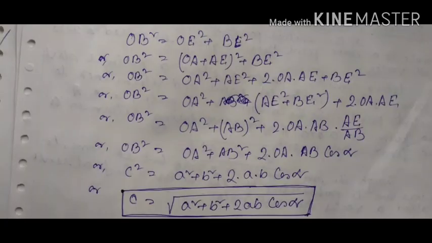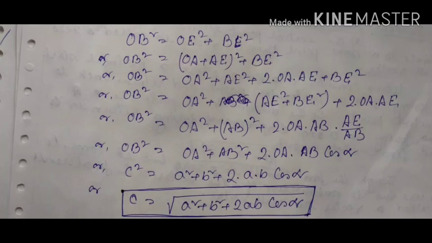OB square is equal to OA plus AE whole square plus BE square, or OB square is equal to OA square plus AE square plus 2 OA into AE plus BE square. So OB square is equal to OA square plus AE square plus BE square plus 2 into OA into AE, or OB square is equal to OA square plus AB square plus 2 into OA into AB into AE by AB, since AE square plus BE square is equal to AB square.